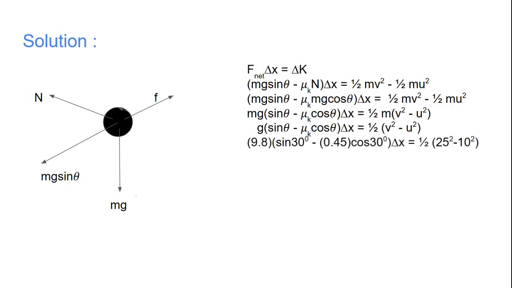Now we can do our substitution, where g is 9.8, theta is 30, mu k is 0.45, v is 25, and u is 10. We simplify to get 1.08 delta x equals 262.5. Divide both sides by 1.08, and we get delta x being 242.87 meters down the inclined plane.